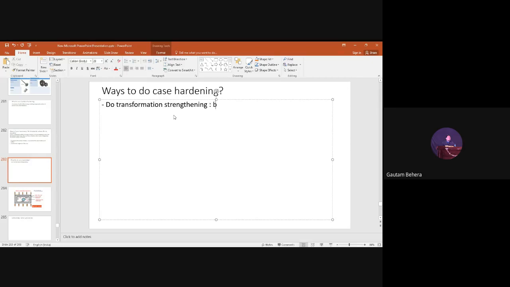How? By heat treatment, by heating and cooling of the surface only.